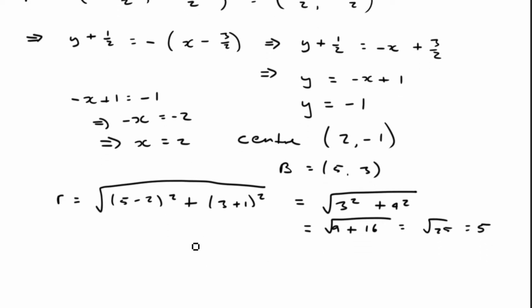Therefore, we can say that the equation of the circle is x subtract 2 squared plus y subtract -1, or y plus 1 squared, is equal to 5 squared.